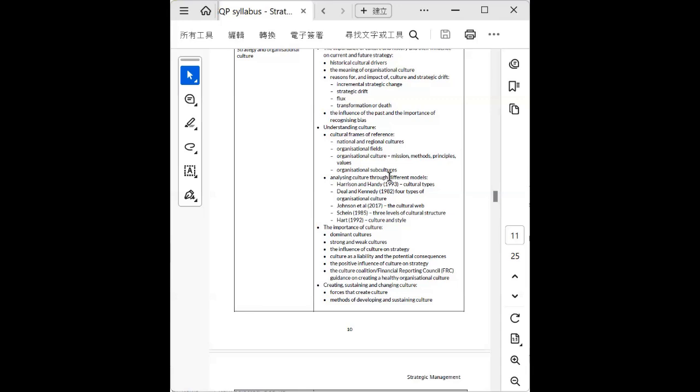And finally, we have Handy's culture and style. There are four of them. The control-oriented culture emphasizes structure, discipline, and predictability.